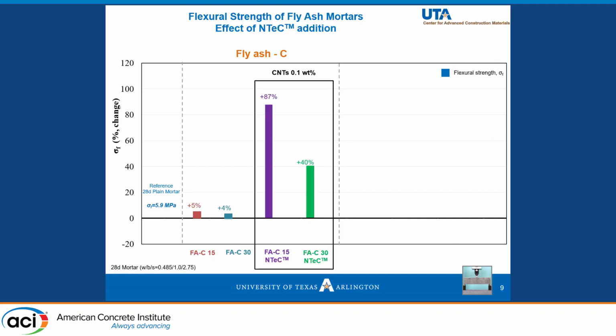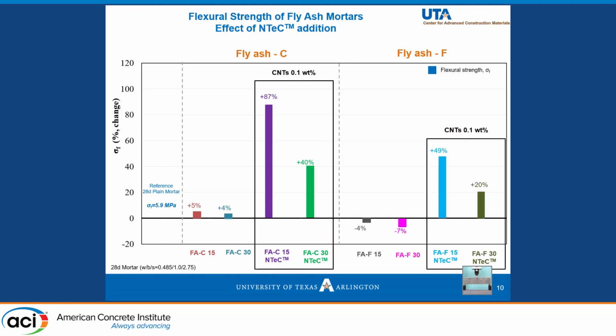Increasing the amount of fly ash C from 15 to 30% in the CNT reinforced mortars, we observed a 40% increase in their flexural strength compared to plain mortar specimens. Similarly, we observed increased values for flexural strength for both FAF 15 and FAF 30 mortars reinforced with NTEC, of about 49 and 20% respectively.